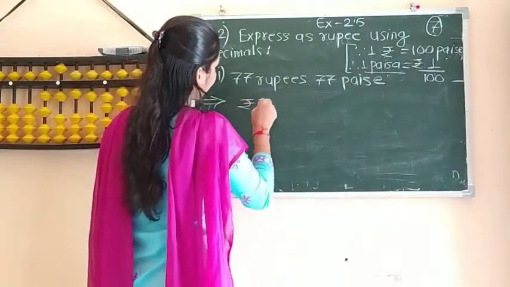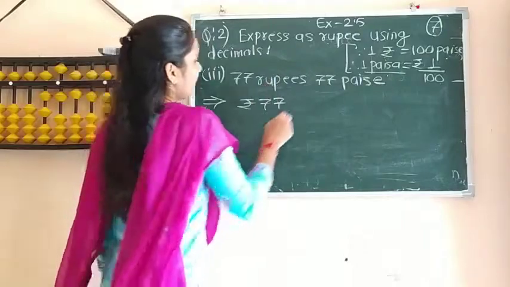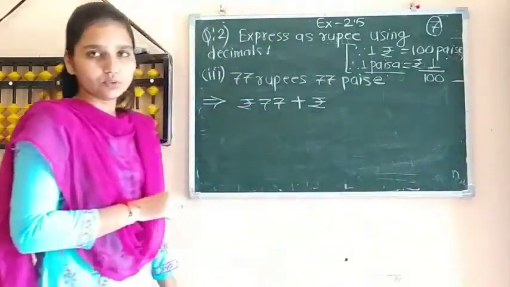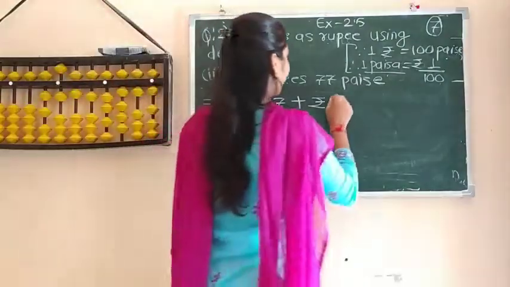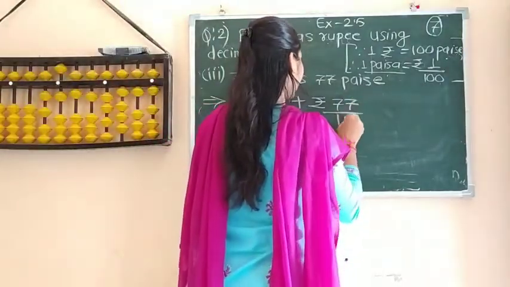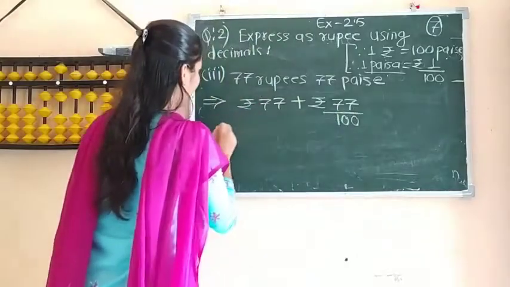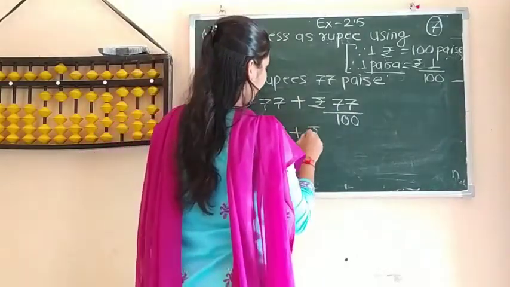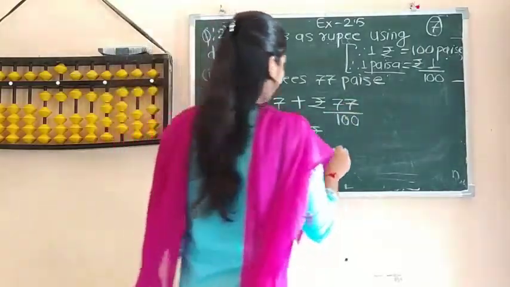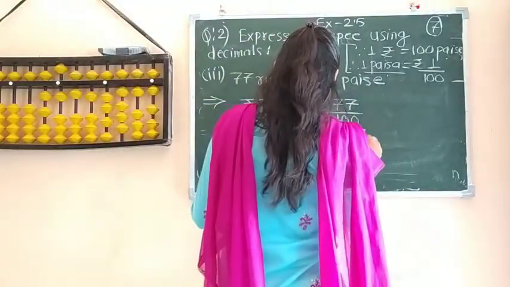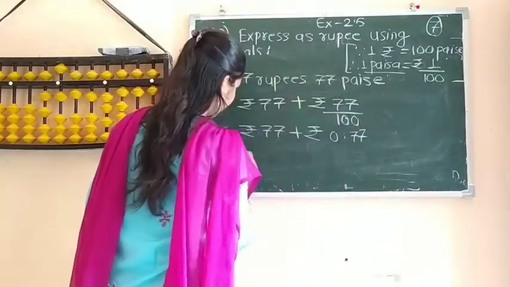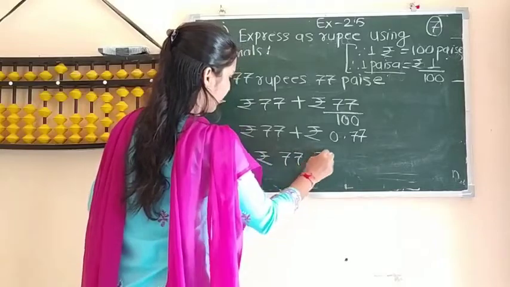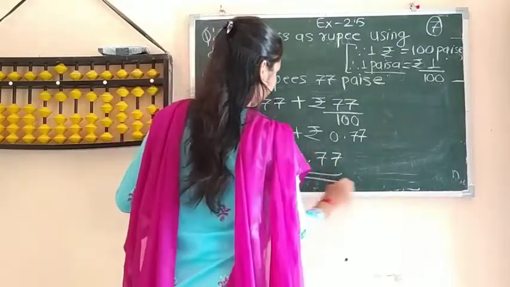Write down this 77 rupees as it is plus this 77 paise. Whenever you are going to convert paise into rupees, you have to divide that number by 100 as I told you before. What you are going to get? This rupees 77 as it is plus rupees 77 upon 100 means 0.77. So add this rupees. What you are going to get? 77.77. This is the final answer.